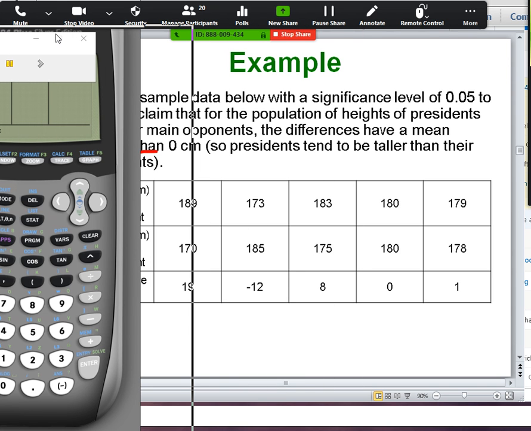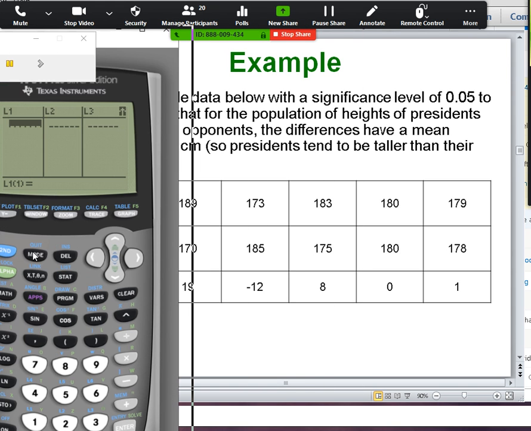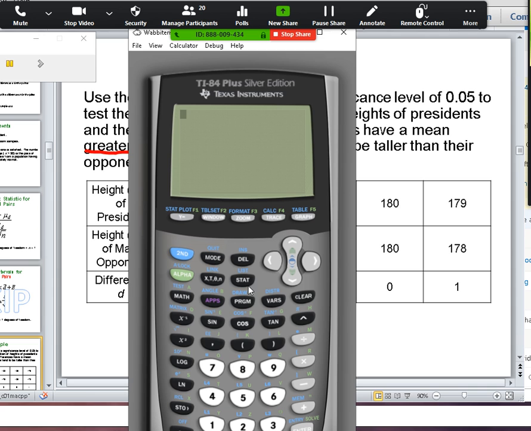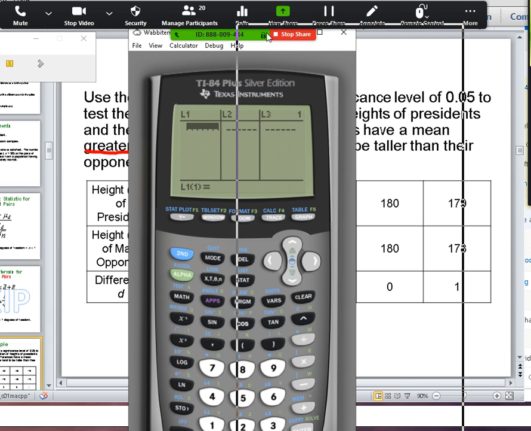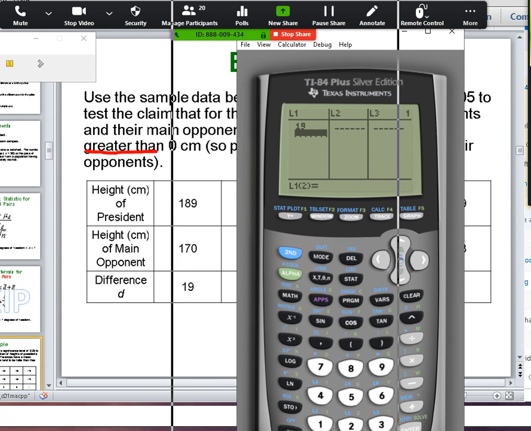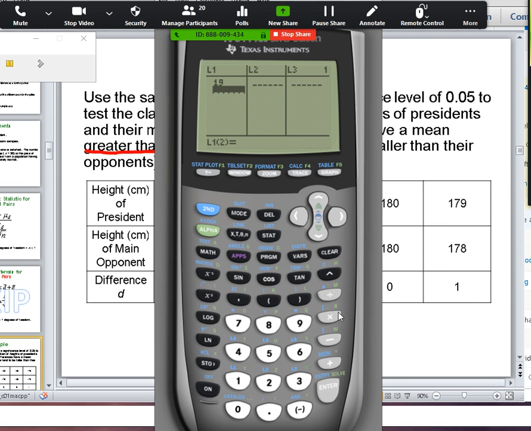So here, I'm going to go to Stat, Edit, and here's my little list. I'm going to put them in there. So they were 19, negative 12. Remember, negative 12, don't use the subtraction symbol.